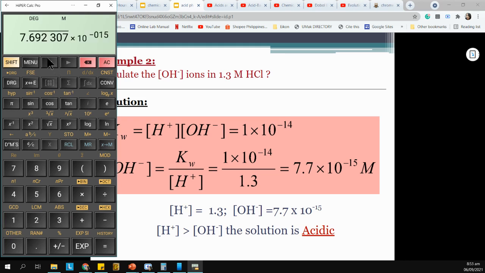There. It has a bar because it's a repeating value, so let's round it off to 7.7 times 10 to the negative 15. And this is a very acidic value, because it went beyond 14. Okay, question so far?